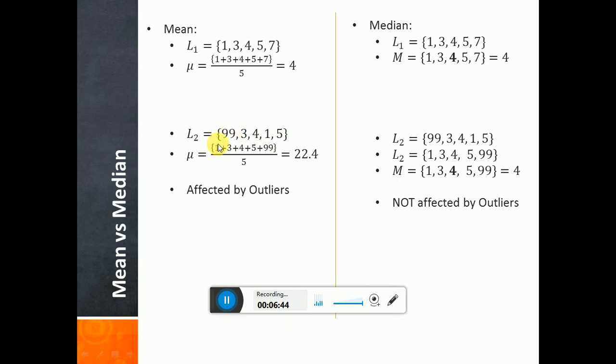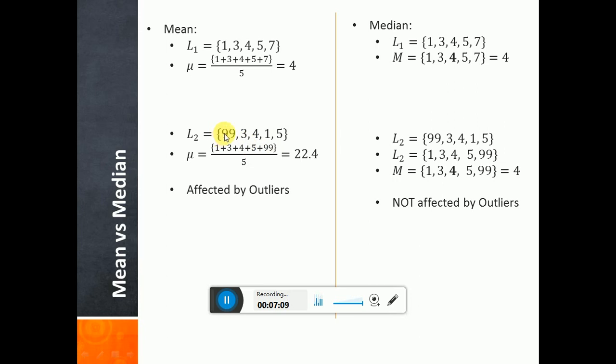So again, if I sum them all up and take the average, I get a much larger mean. So the outlier basically puts a lot of weight in the list and moves the mean significantly. Imagine there could be a number like 1000 here, not 99, 1000.